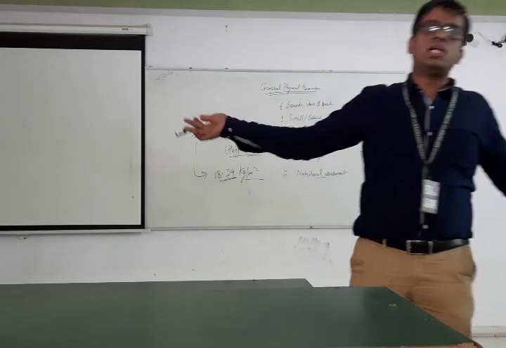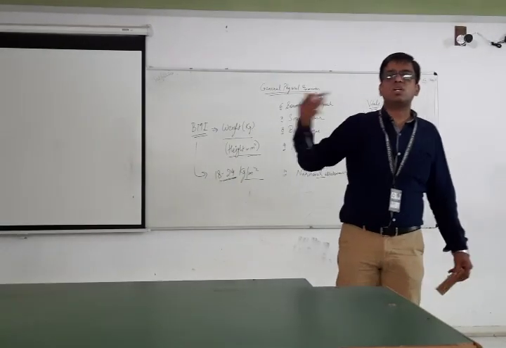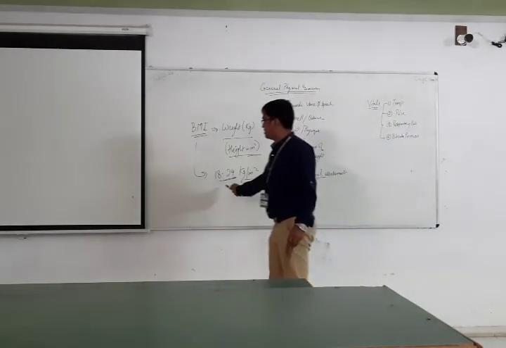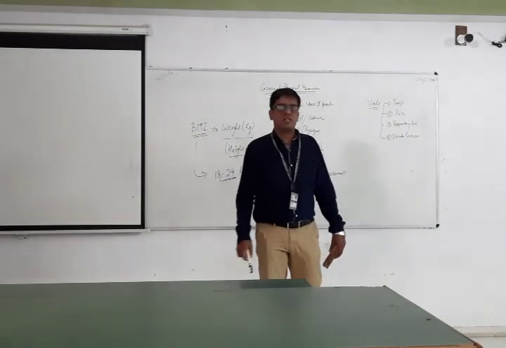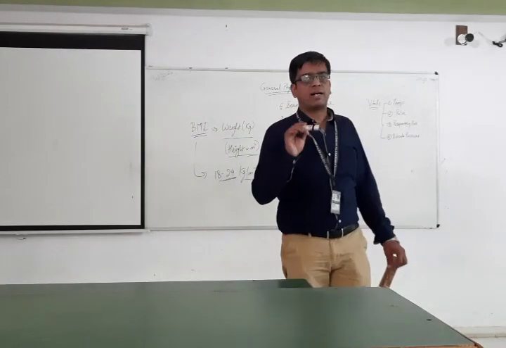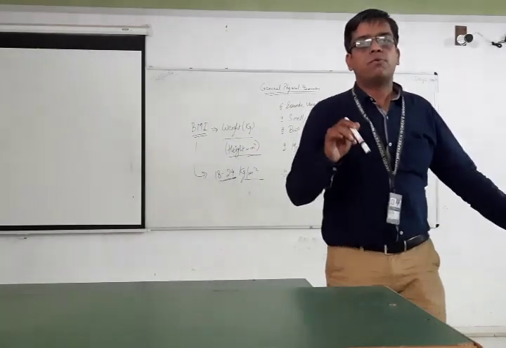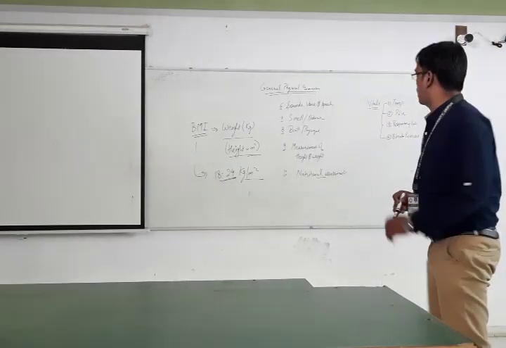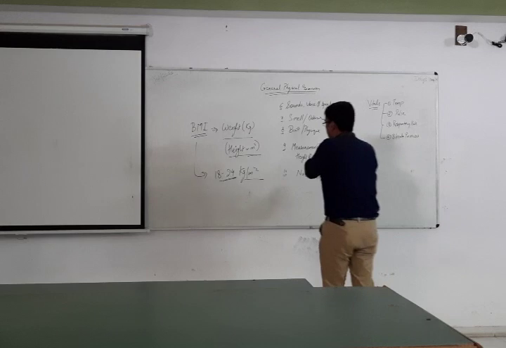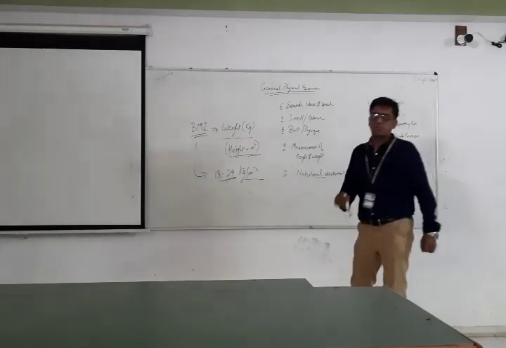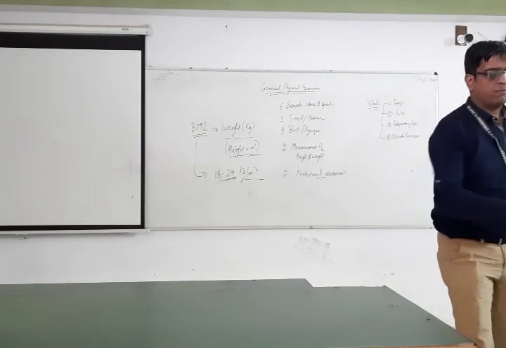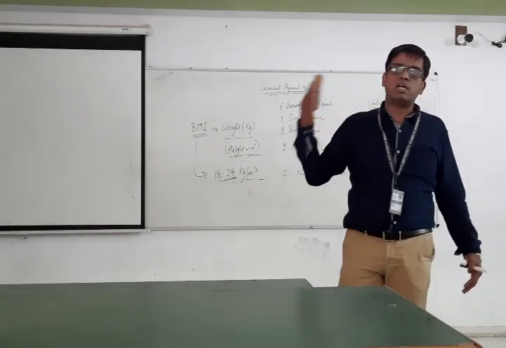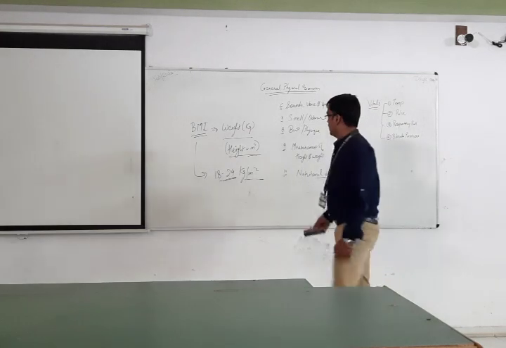But if it is more than 24, that means there is a problem with the nutrition of the patient. So measurement of height and weight plays a very important role. You check the height and weight of an individual corresponding to their chronological age.